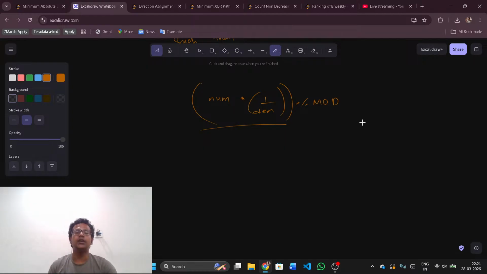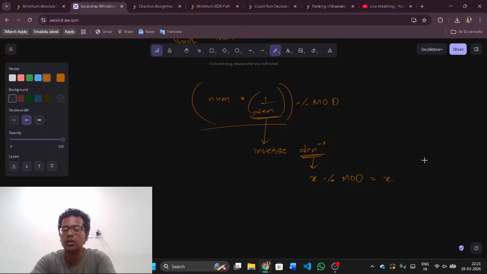So what I'll need to do? For 1 by denominator, I'll just change it to the inverse. But I need the same thing x, which by doing the modular operation with mod will give me x.